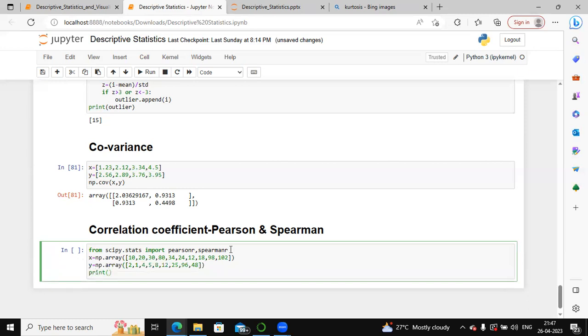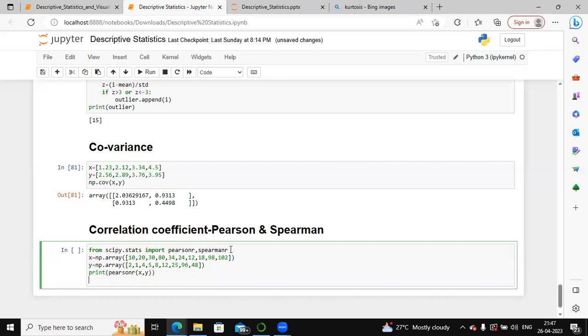Print Pearson R of x comma y and Spearman R of x comma y.